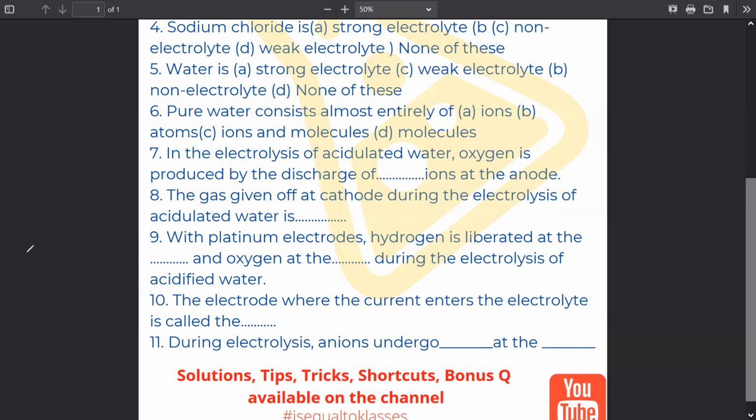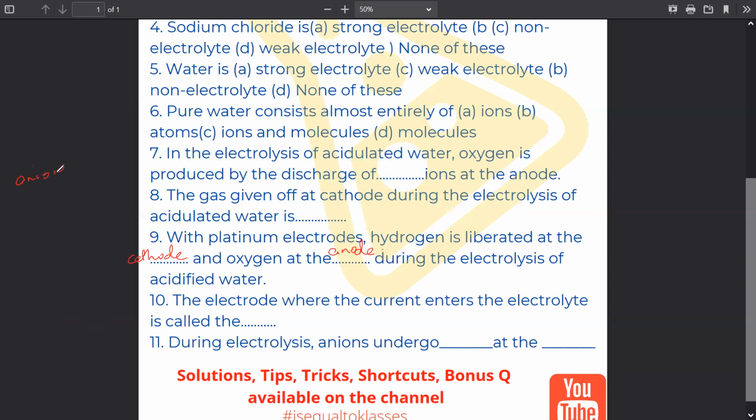So if you see electrolysis of copper sulfate, then in that experiment, if this is the anode and this is the cathode, the electrodes would be made of copper, which is active. With platinum electrodes, hydrogen is liberated at the cathode and oxygen is liberated at the anode during the electrolysis of acidified water.